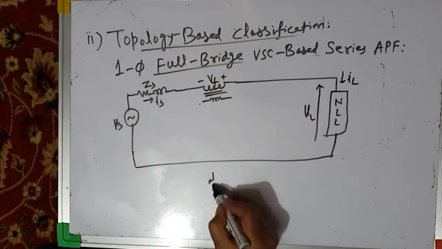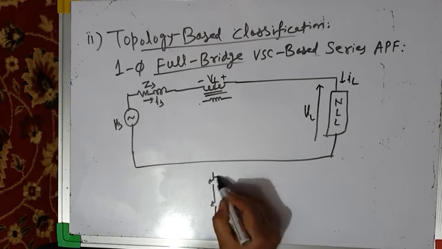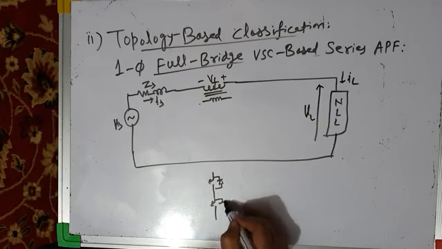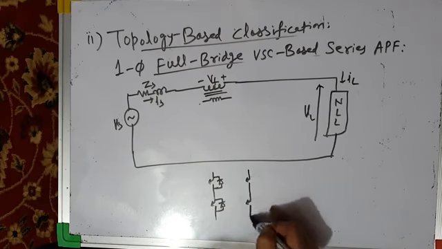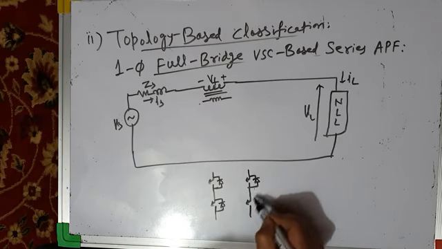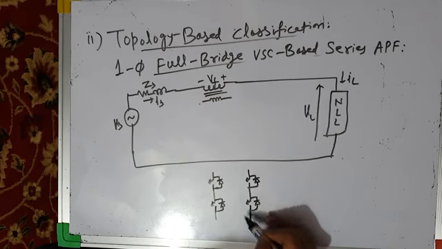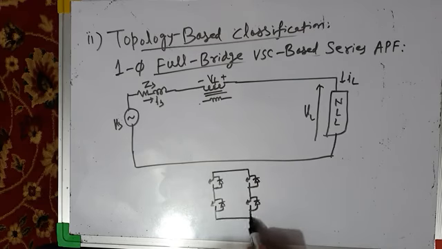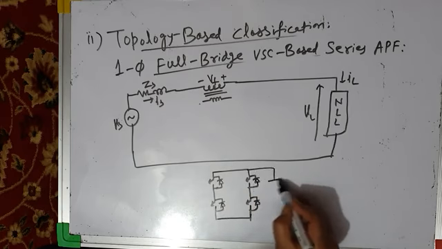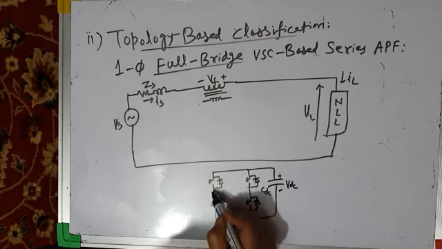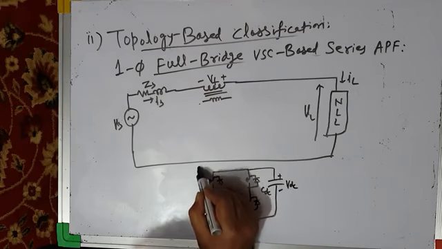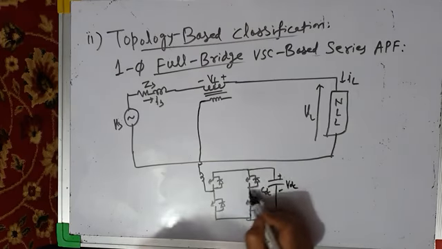So now we will use a full bridge voltage source converter, not a half bridge voltage source converter, as in the DVR. The DVR is basically a voltage source converter, but what type is used in this topology? A full bridge voltage source converter. In it, both the arms or legs have IGBTs or switches. This is your DC bus capacitor CDC with DC bus voltage VDC, and this is the injected voltage.